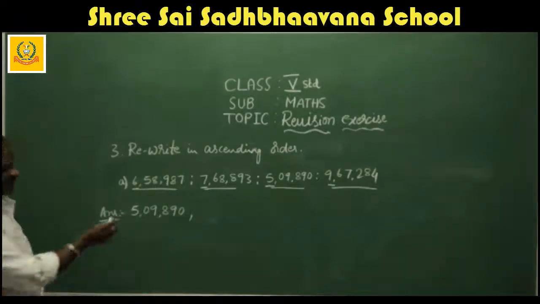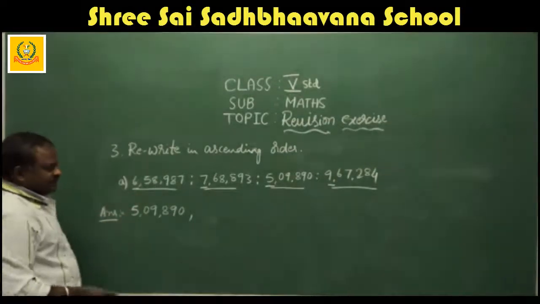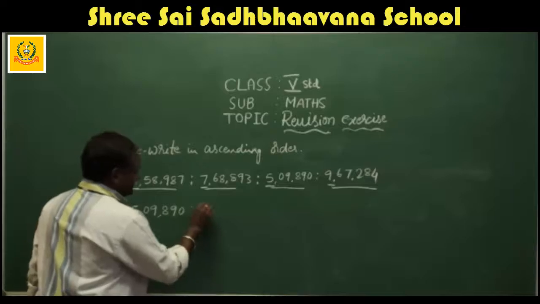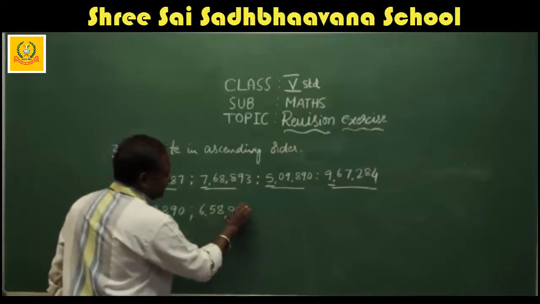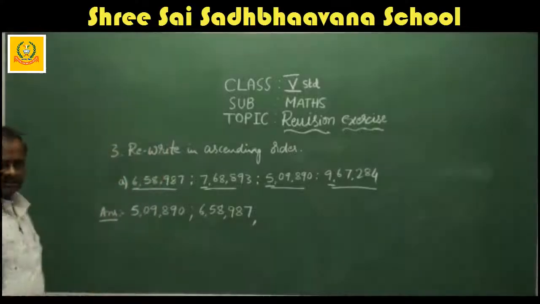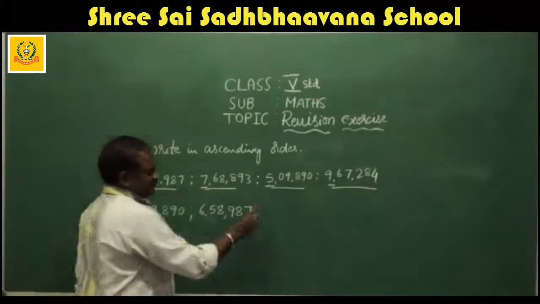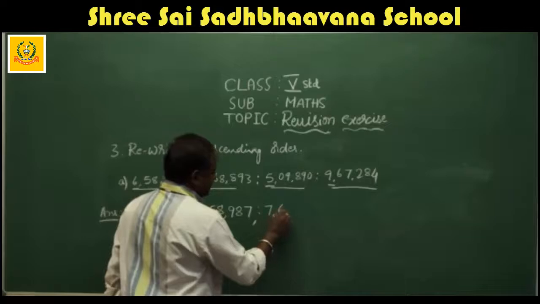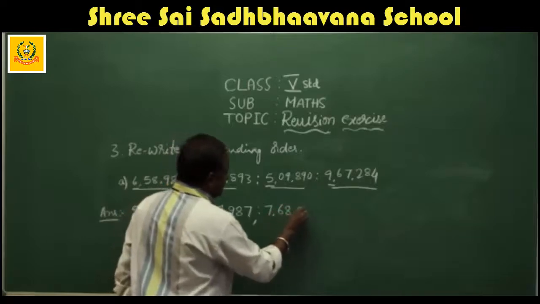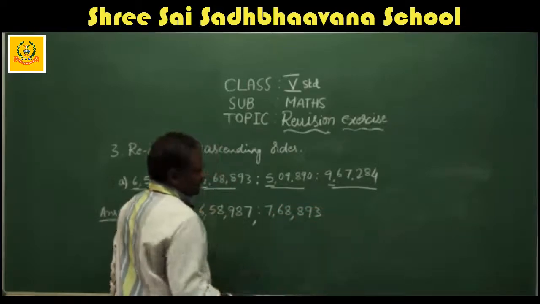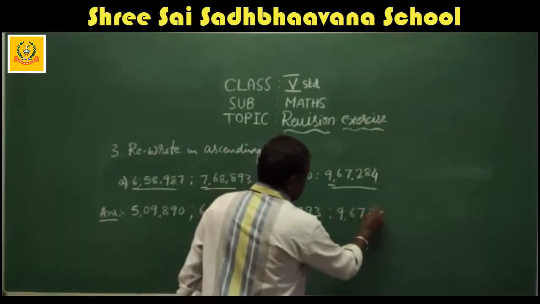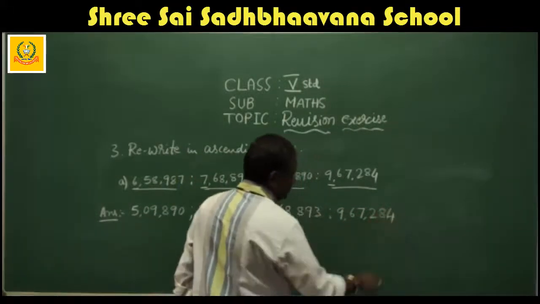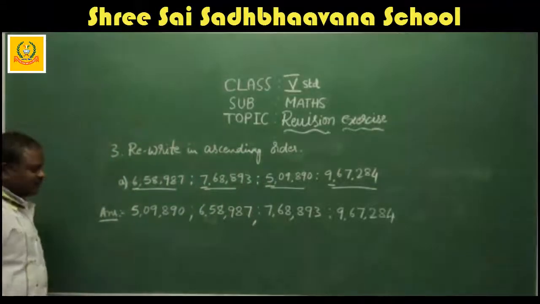Second number, 6 lakhs: 6,58,987. Third number, 7 lakhs: 7,68,893. Remaining last, 9,67,284. This is a very easy problem.